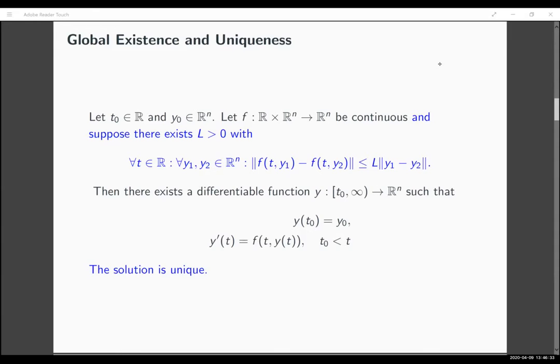So if f is defined for all possible inputs, and if it satisfies this inequality here for all times t and all possible choices of vectors y1 and y2, then we know that this initial value problem y(t0) equal y0 and y'(t) equal f(t, y(t)) has a unique solution which exists for all times after t0. It does not blow up and it does not develop any singularity, and the derivative never becomes infinity.